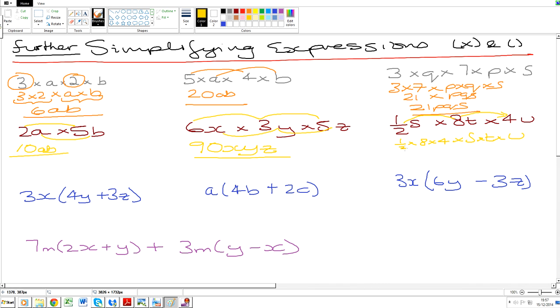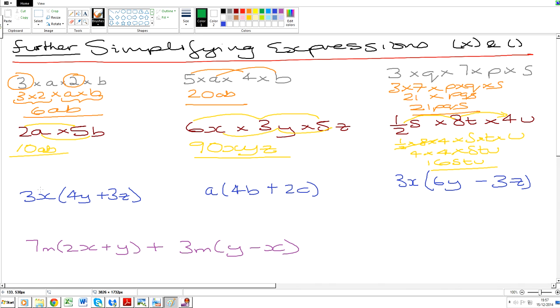Now, what's half times 8? Half times 8 is 4. So that gives you 4. Then 4 times the remaining 4 gives you 16. s times t times u gives you stu. 16 times stu will give you simply 16stu. Done.